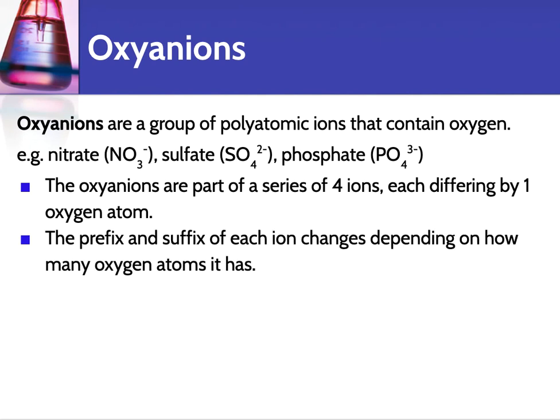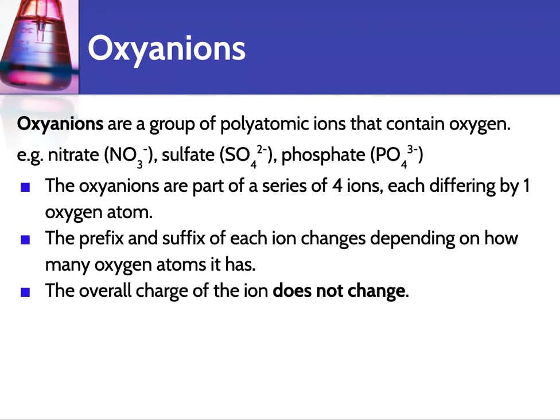And so you change the name, the nitrate part, so you either add prefixes or change the suffix depending on how many oxygen atoms there are. But you do not ever change the overall charge of the ion. So sulfate has a 2- charge, so in its whole series of 4, it will always have a 2- charge. The only thing that will change are the number of oxygens.